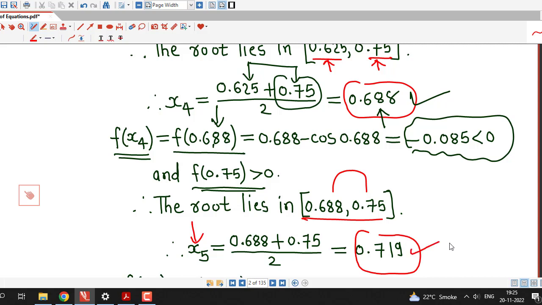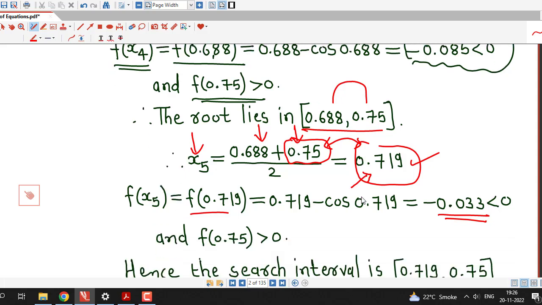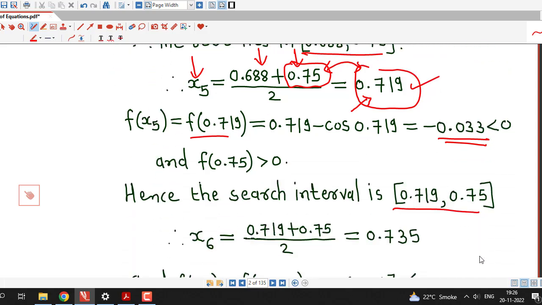Again we find out value of function at 0.719 and it turns out to be negative. 0.719 is average of these two and value of function is positive at 0.75. So next search interval becomes 0.719 to 0.75, and next approximation is average of these two, which is 0.735.